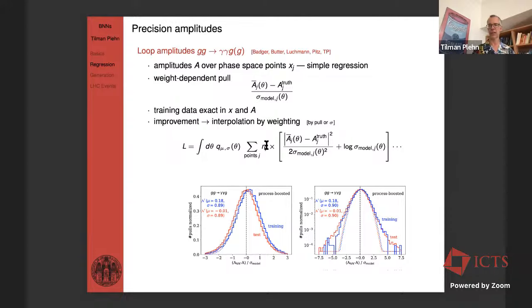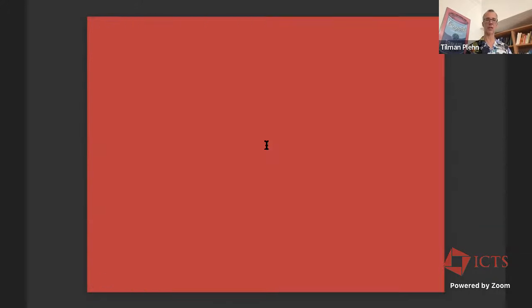Then a given phase space point will get more impact on the loss, and then you learn better. So this is a very practical application of using the Bayesian uncertainty sigma of theta as a way to improve your training. Everybody can just do it. It's very, very simple.